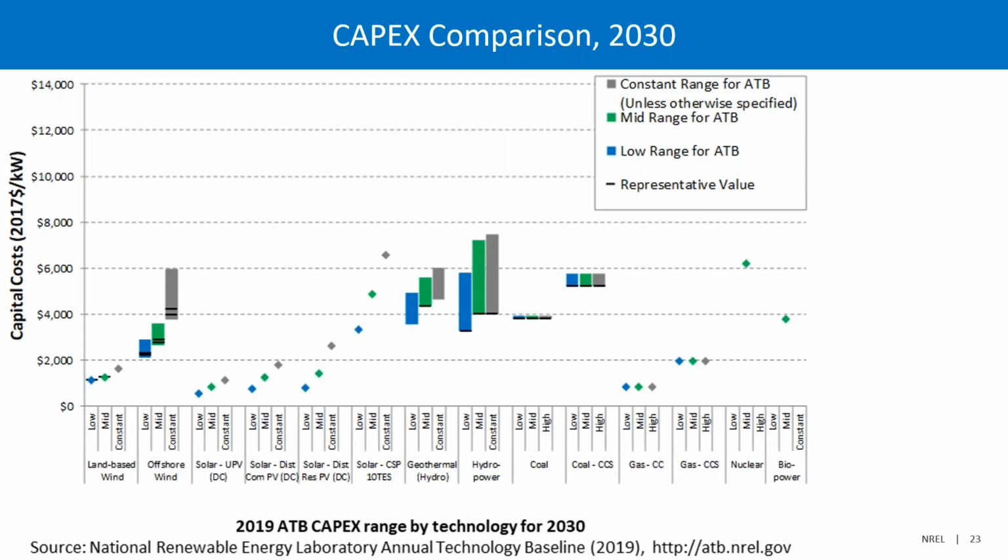So the next few slides are comparisons of the major parameters across the different technologies for the year 2030. And this is just a small sampling of the data that's available in the ATB. So we provide the full time series data.